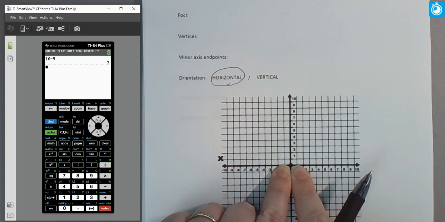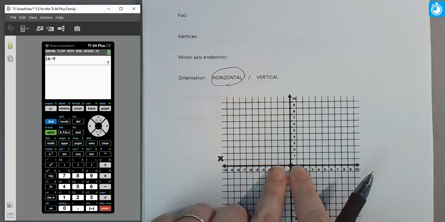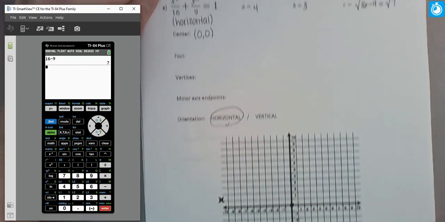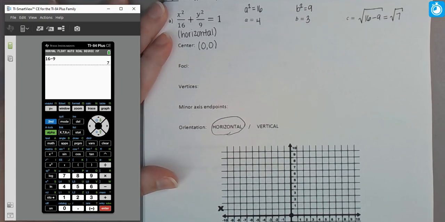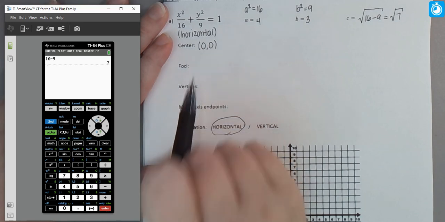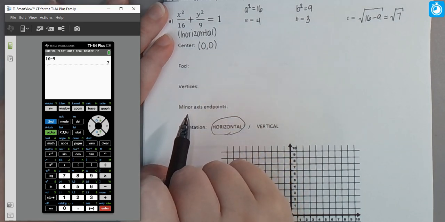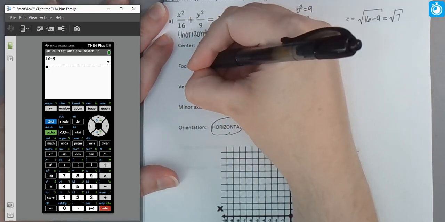We're holding the Y value constant, and we're just moving horizontally. So when we write the coordinates for the foci, they're going to have the same Y coordinate as the center, and then it's just going to be C units in either direction away from the center. So we're starting at 0, 0, and we're going C units horizontally in the positive and negative directions.